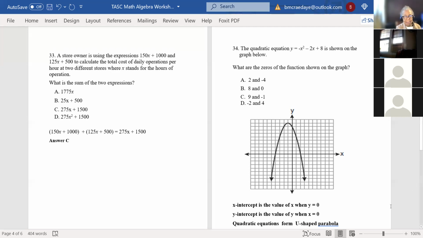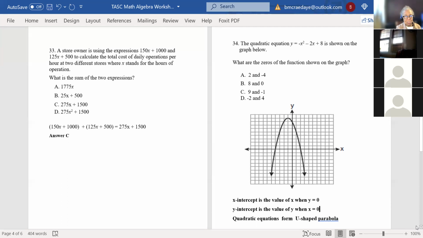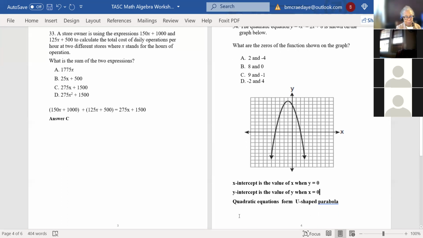Now, knowing that, tell me what are the zeros of the function shown on the graph? Zeros of the function equal x-intercepts. Now looking at this graph, tell me where do you see the x-intercepts?